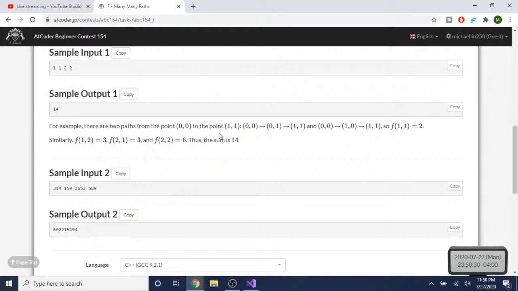Okay, so from 0, 0 to 1, 1, f is 2. Oh! Okay, so we can't actually multiply r times c. I thought you could, though. Let's see. f is 2. You add 1. r minus 0. So 1 times 1 plus 1.